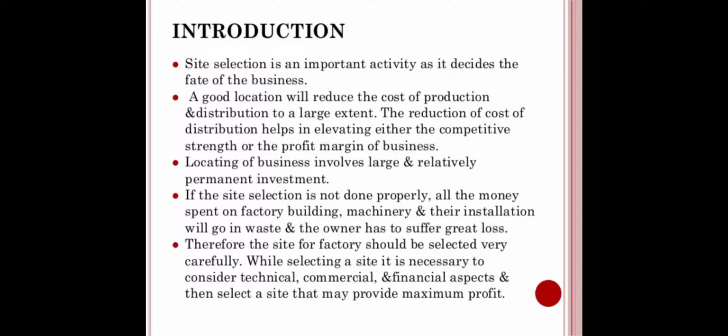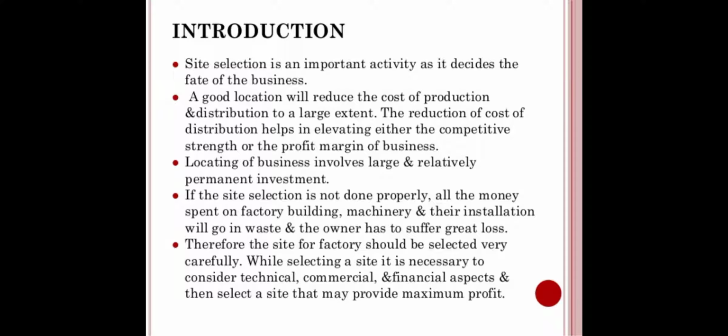all the money spent on factory building, machinery and their installation will go to waste, and the owner has to suffer great loss only because of the location, although he has invested an ample amount of money in building, machinery and installation, commissioning and producing the product.